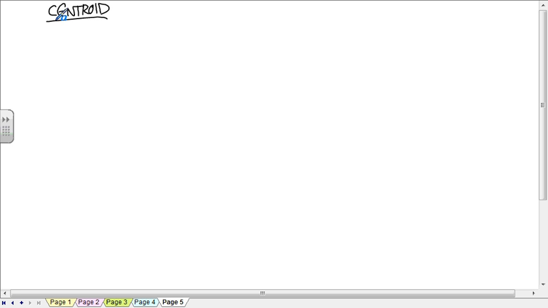Okay, so centroids. The centroid is like the geometric center of an object. You can do centroids in 2D or 3D. And we're going to use centroids for two things.